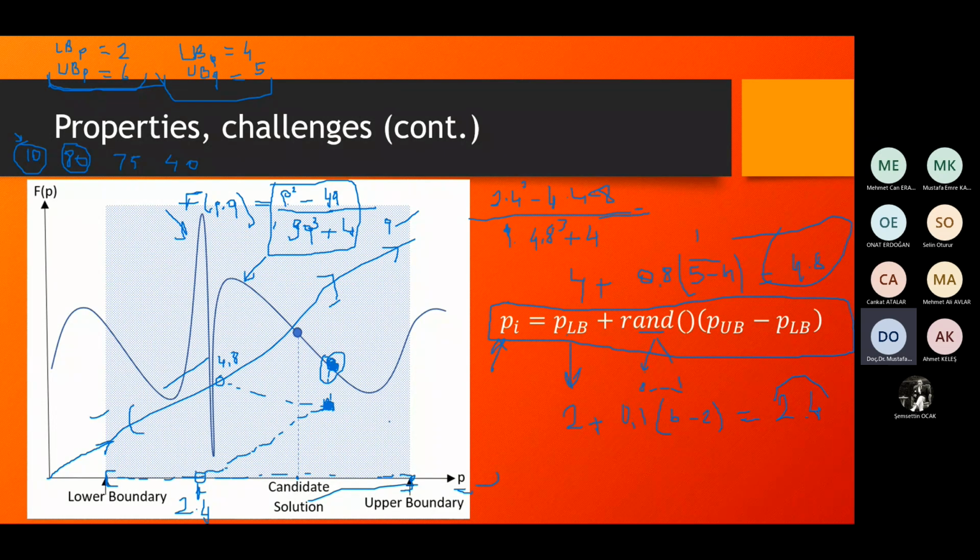For each dimension, you apply this random operation, calculate the point, then feed it into your fitness function and get the fitness value.